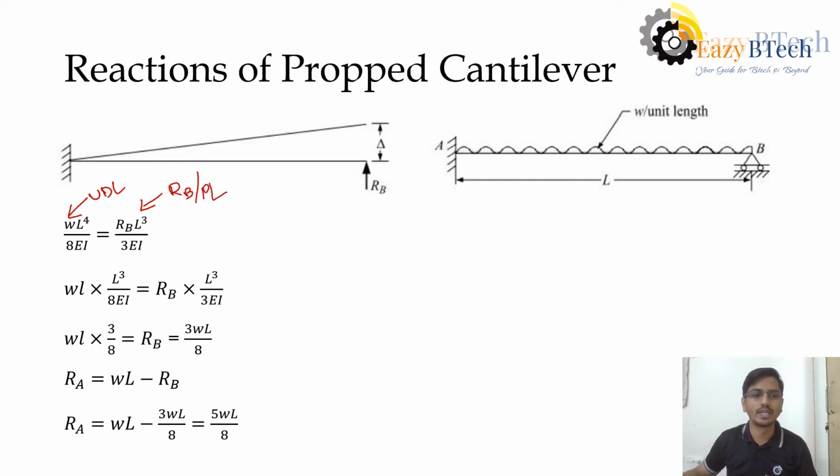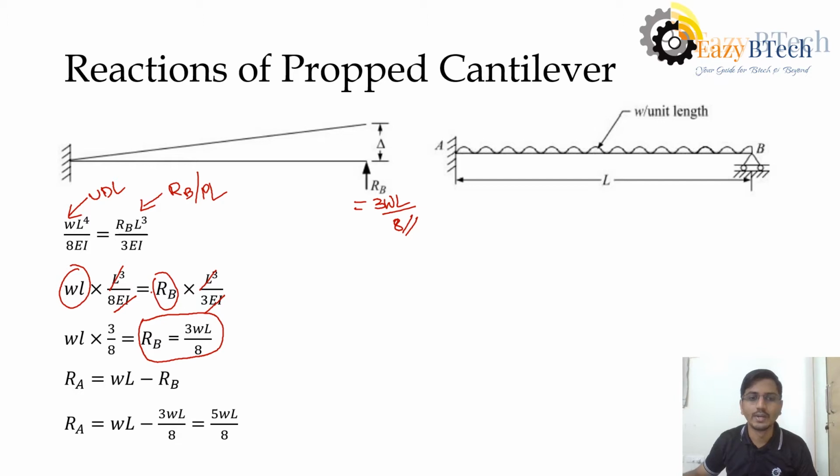After equating, we take L cubed by 8EI and L cubed by 3EI. So WL is outside, RB is outside. L cubed will get cancelled, EI will get cancelled. Now I will send this 3 to the other side, so RB equals 3W L by 8. So the reaction at the roller support is nothing but 3WL by 8.